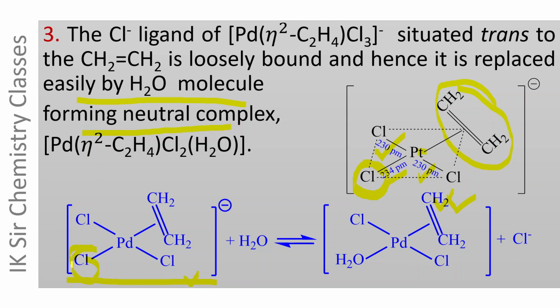This Cl- ion comes out from the coordination sphere and its position is taken by H2O molecule, and thus a neutral complex is formed, Pd(η2-C2H4)Cl2(H2O). There is no charge on it.